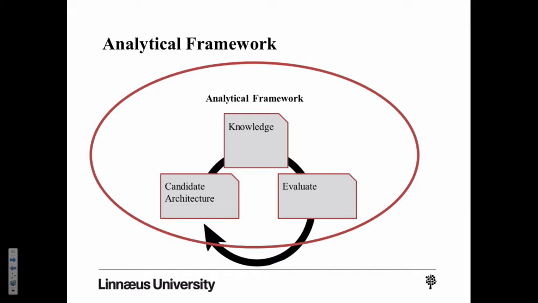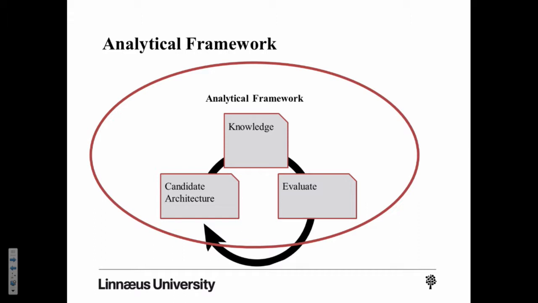So, at the architectural level, every system has an architecture. So all systems that have been built have an architecture. And that means that we have a lot of knowledge from the systems we built.